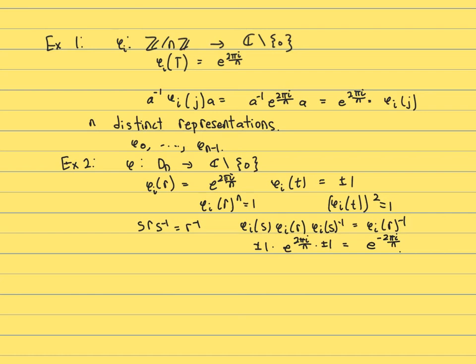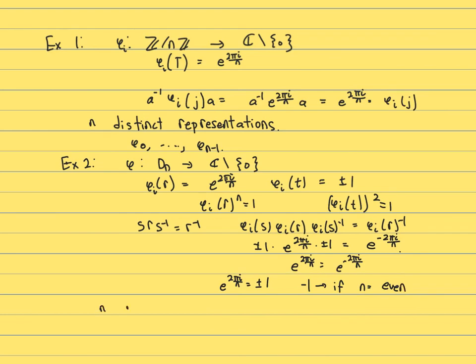So now we see that one thing we should have checked carefully is that you need e to the 2 pi i over n to be equal to its own inverse. Well, there's only two roots of unity that are equal to their own inverse. That means that either they're going plus or minus 1. And notice the minus 1 only happens when n is even.